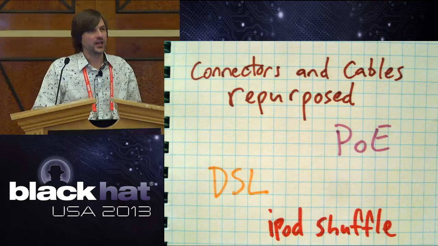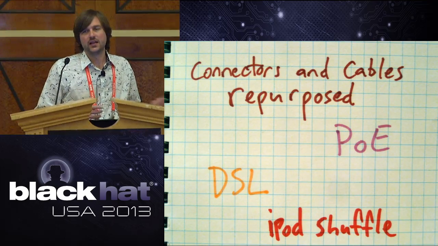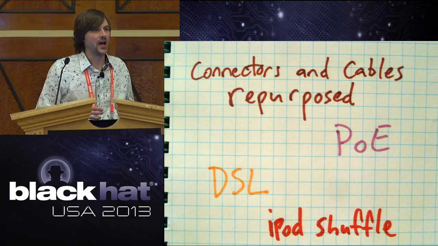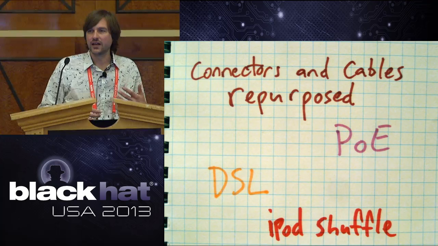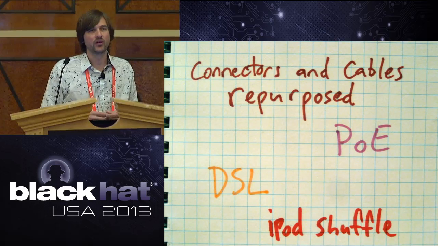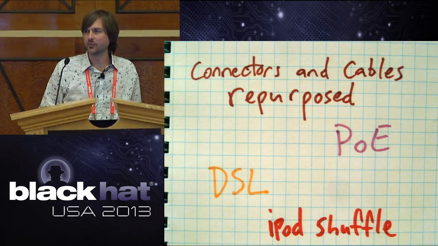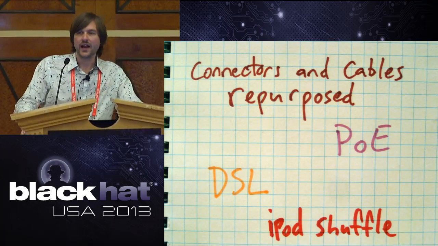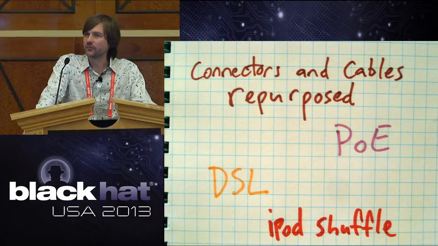You have an Ethernet cable that carries data, and why not run a little bit of power over it at the same time? And that's something that was done kind of after the fact. After people were already using these twisted pair Ethernet cables, people started repurposing them and adding in this extra function of power.